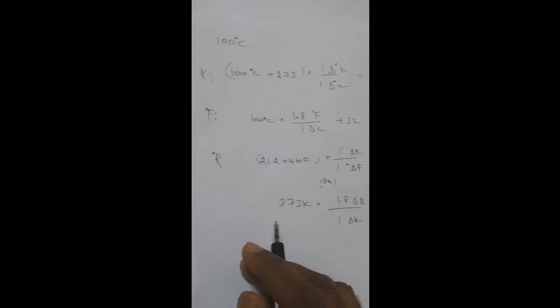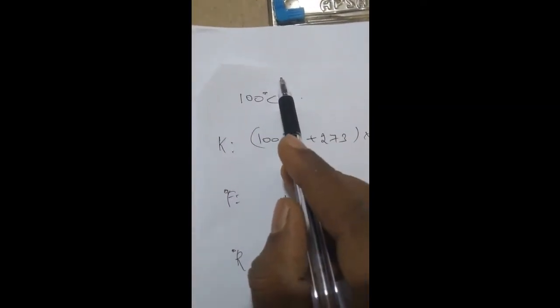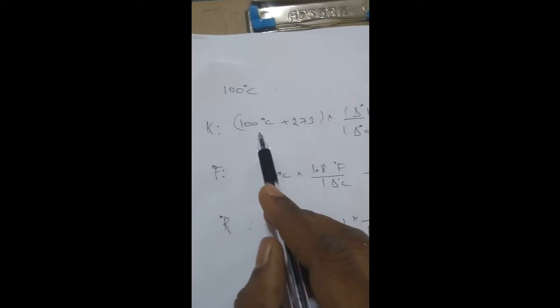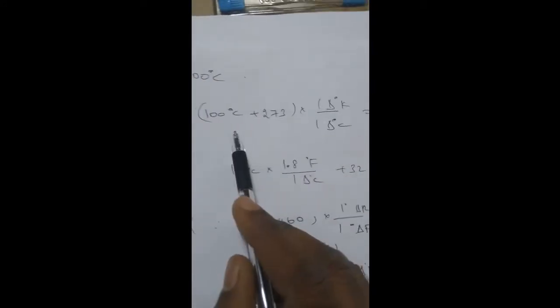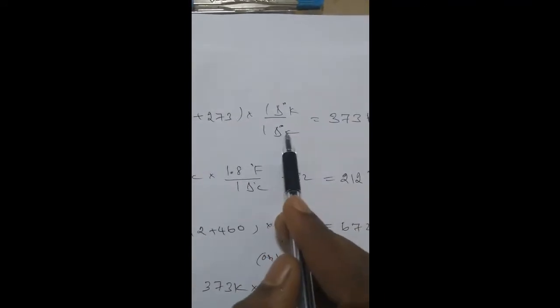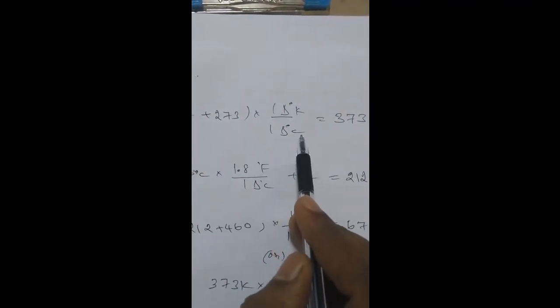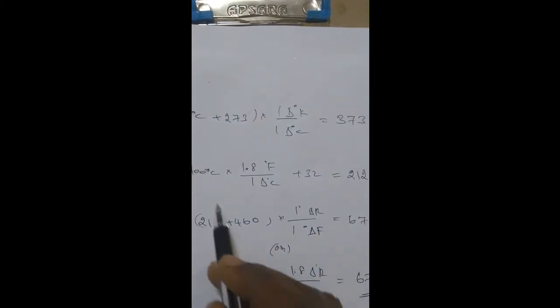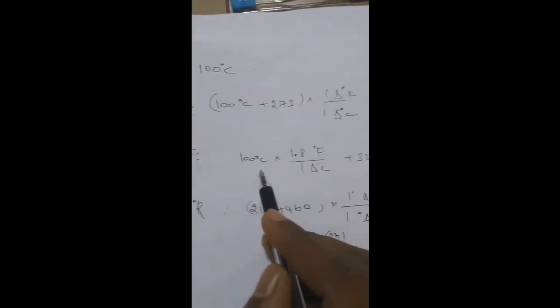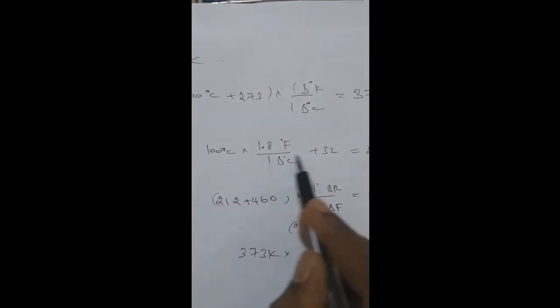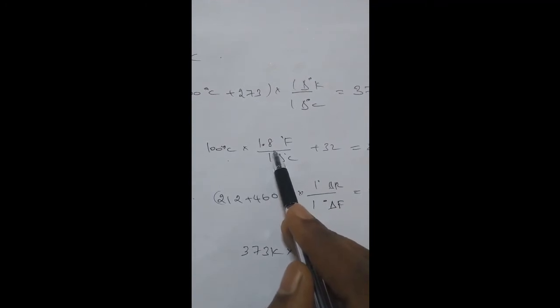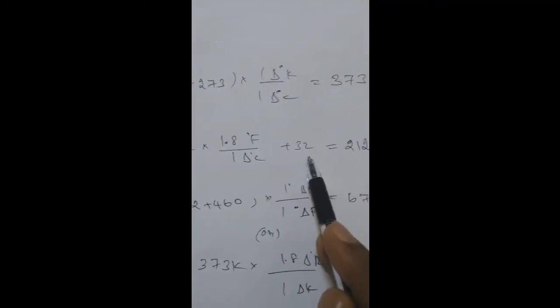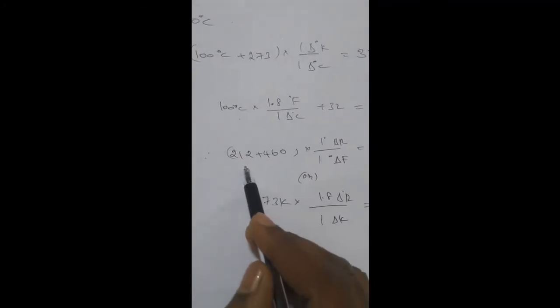I'm just repeating. It is given 100 degree Celsius. To convert to Kelvin, we add 273 to it, so it becomes 373 Kelvin. Remember, they are in the same scale: 1 delta degree Celsius is 1 delta Kelvin. Similarly, to convert to degree Fahrenheit, 100 degree Celsius times 1.8 plus 32 gives us 212 degree Fahrenheit.